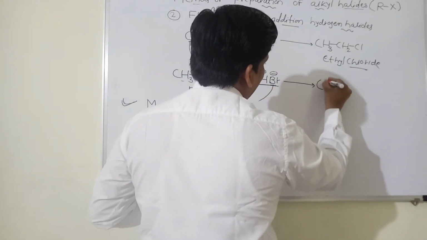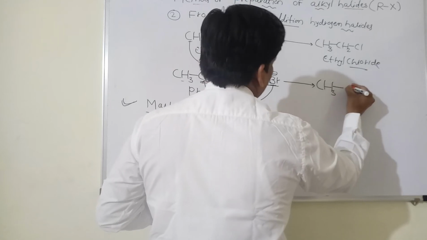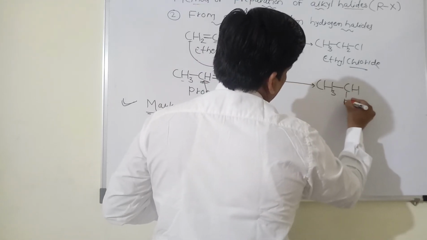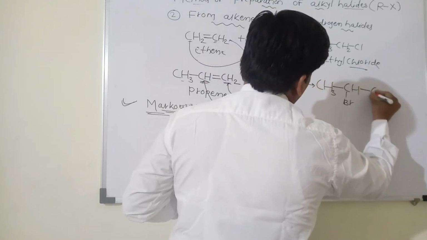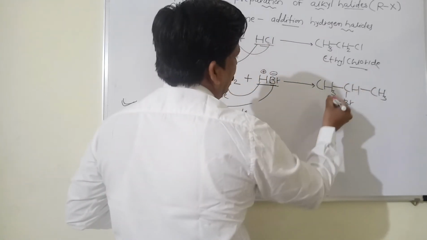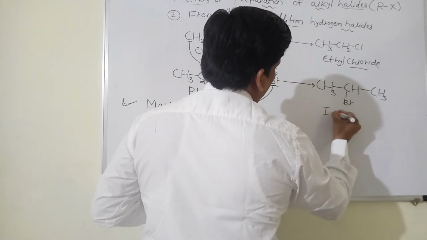And simply here we get CH3 CHBr CH3. This is isopropyl bromide.